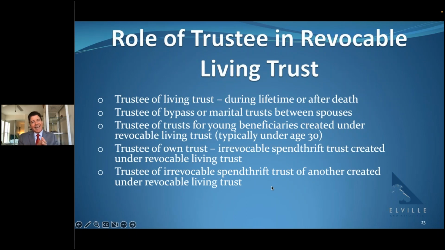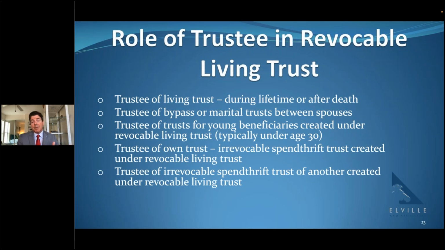The role of a trustee in a revocable living trust is somewhat different, but similar. Remember that the revocable trust is a basic form of a grantor trust, so it has to have a trustee during life, which is you, or you and your spouse. And upon the incapacity or death of you or your spouse or both of you, this is the same situation.